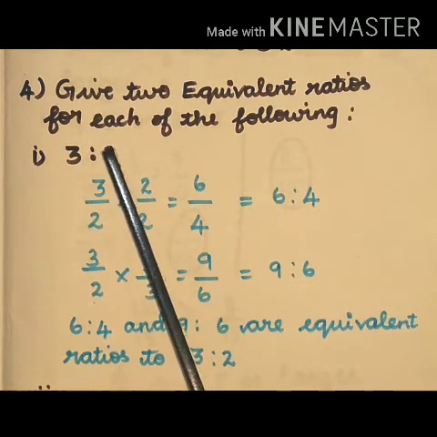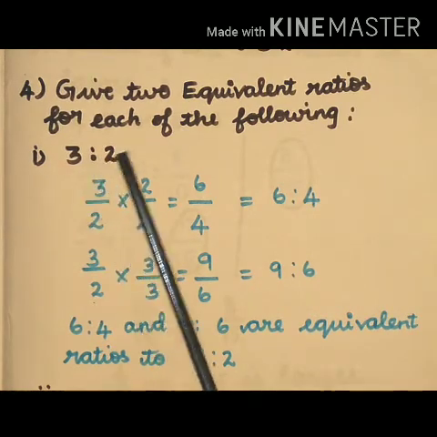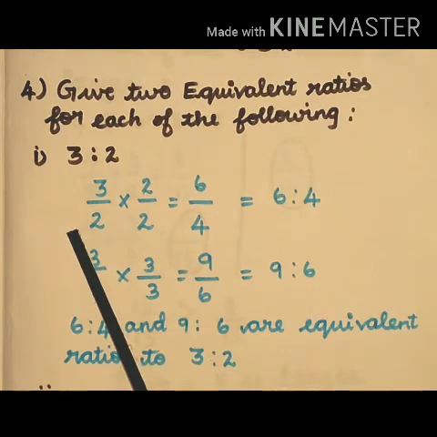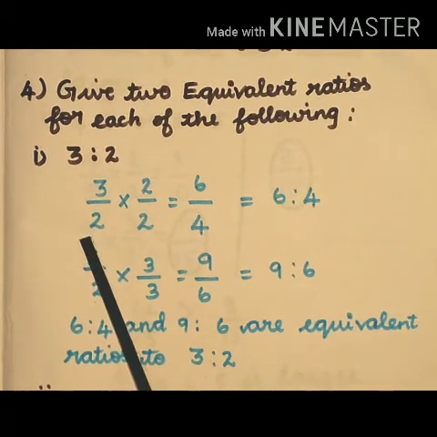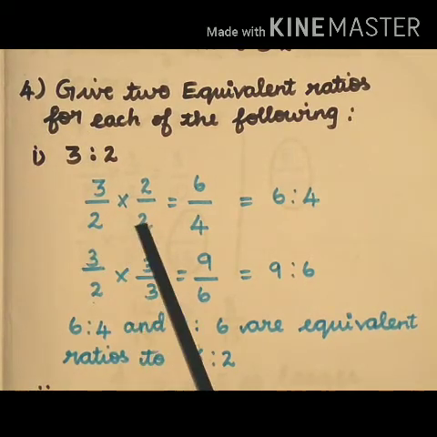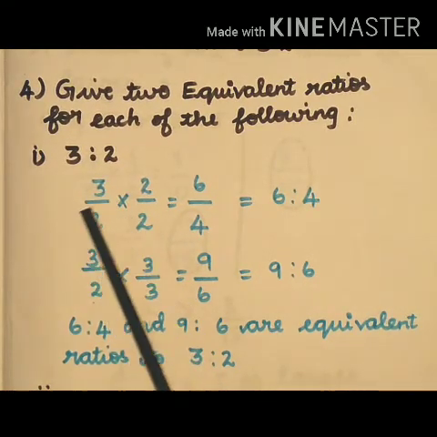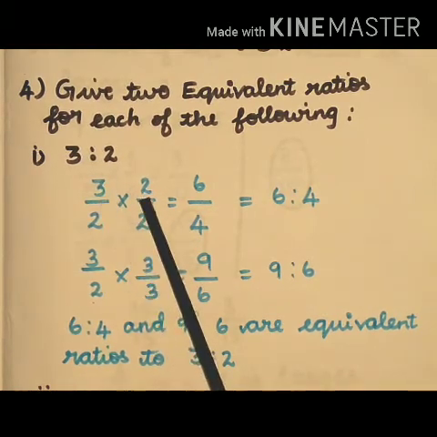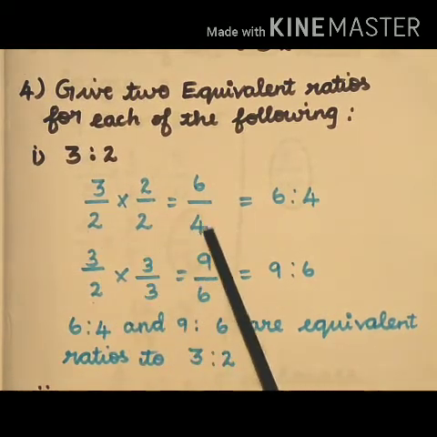See, here the given question is 3 is to 2. First you have to write the ratio in fraction form, that is 3 by 2. Then you have to multiply the numerator and denominator by the same number. See, 3 by 2 into 2 by 2. 3 2s are 6, 2 2s are 4.